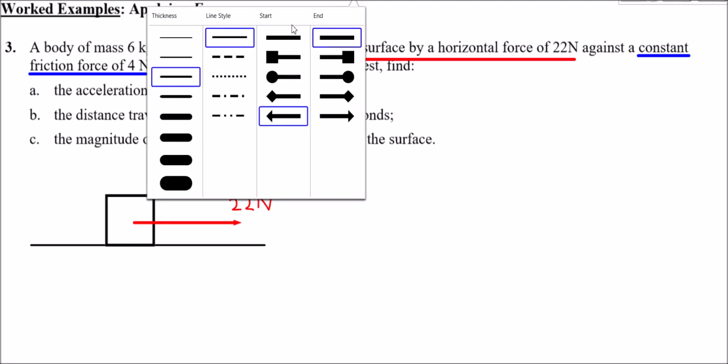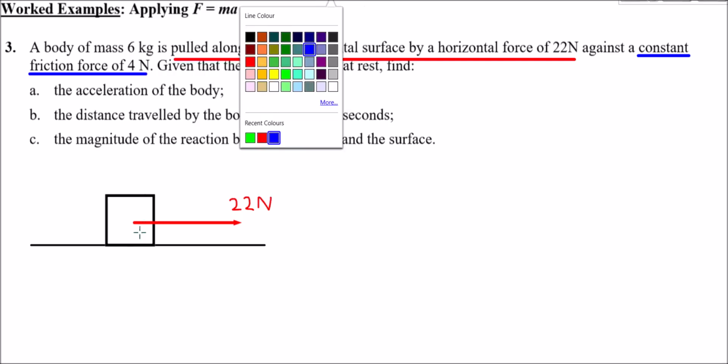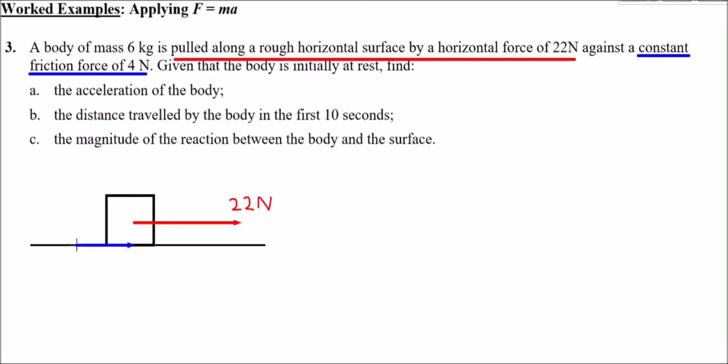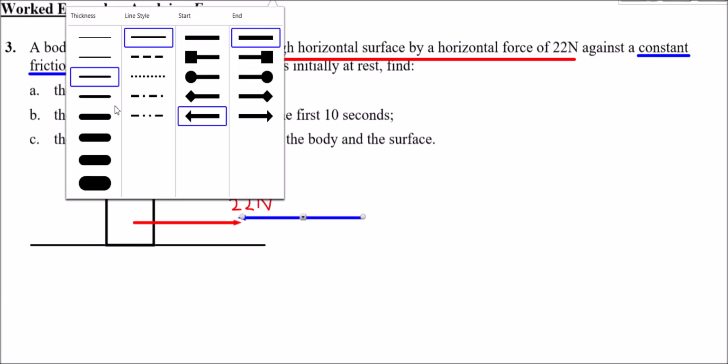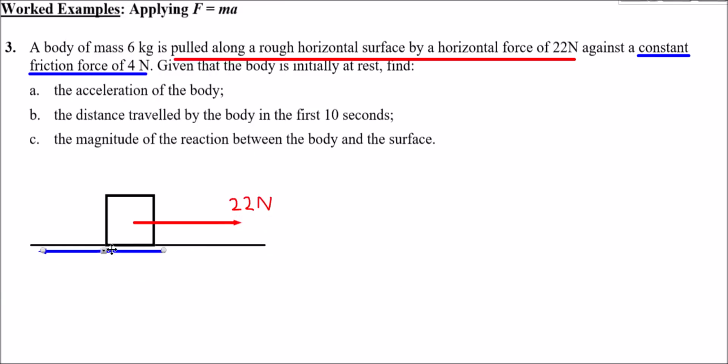So the friction is going to be acting the opposite way, so it's going to be going this way. Okay, so the force of friction is acting this way, and I'm going to call this 4 newtons, because it says here in the question it's 4 newtons.